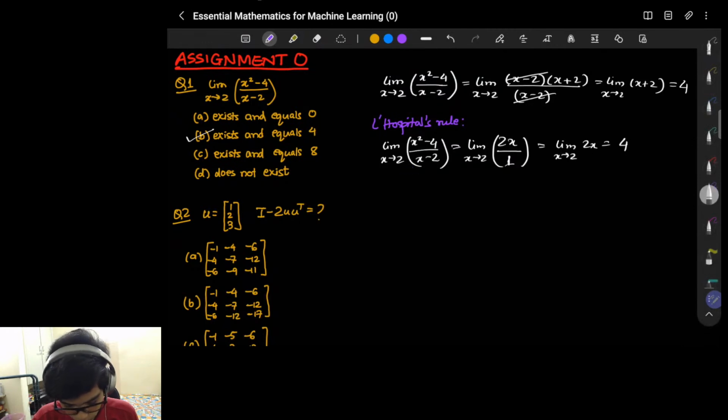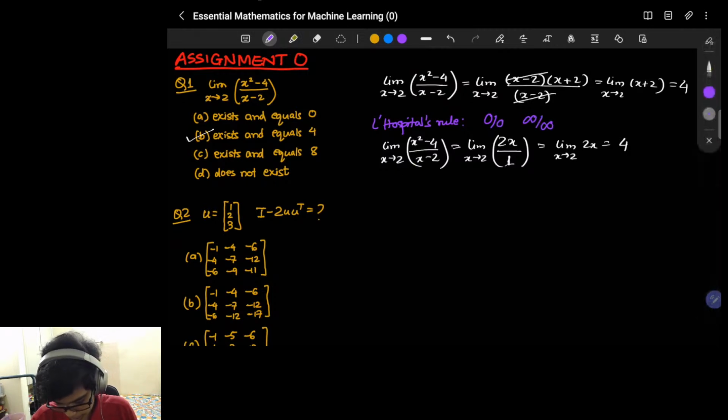It works for 0 by 0 form as well as for infinity by infinity form. For these indeterminate forms, no, not in 0 by infinity. You need to convert it somehow, maybe to 0 by 0 form or infinity by infinity form.